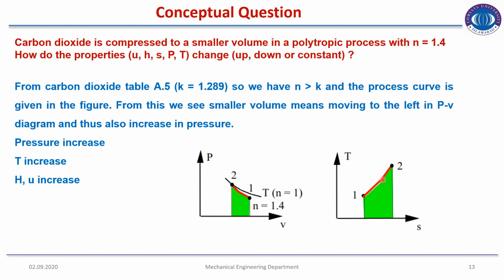In the TS diagram, the temperature is increasing and entropy is also increasing. So pressure is increasing, volume is decreasing, temperature is increasing, entropy is increasing, and for enthalpy, H is equal to U plus PV. As internal energy is increasing, enthalpy is also increasing.